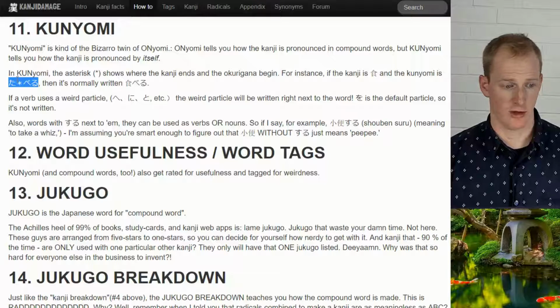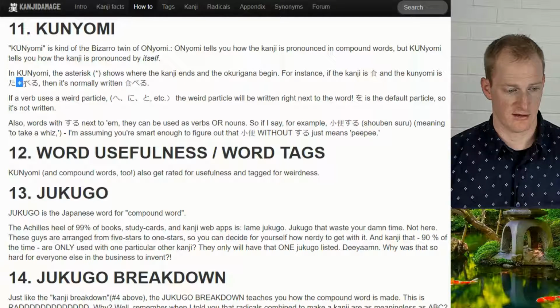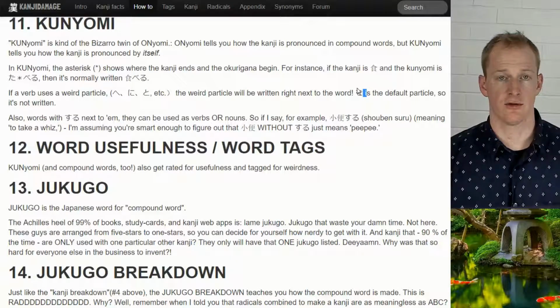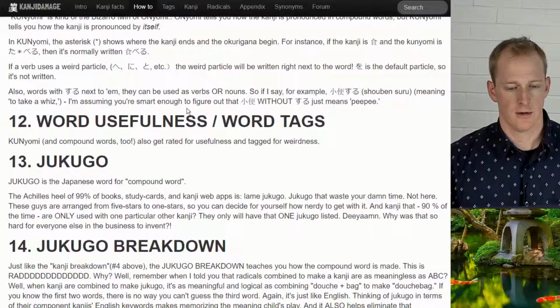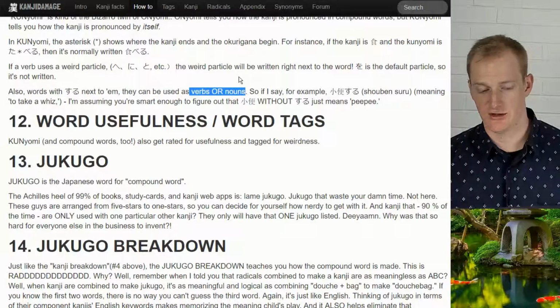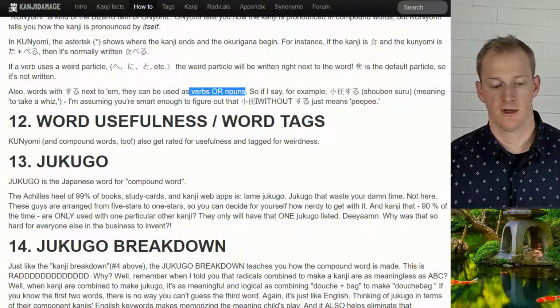So the star just says, well, this ta is this part of the kanji, and then outside the kanji is the beru part. Weird particles will also be written, or as the default, generally it's not written, but of course this is generally only for verbs. And we've also got this interesting feature in Japanese, really handy actually, where some nouns can act as verbs in Japanese.